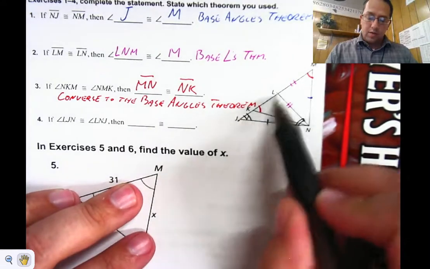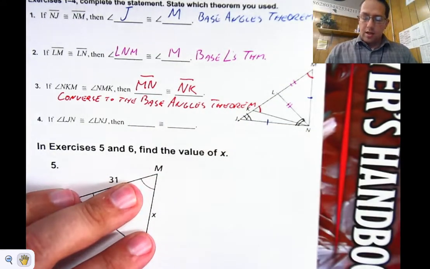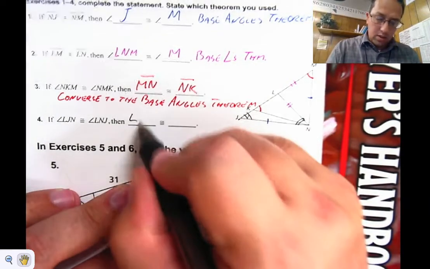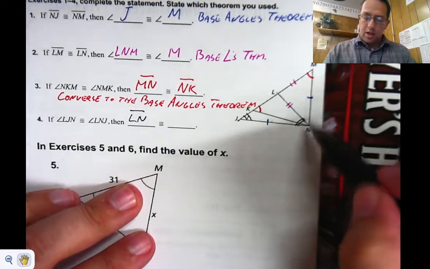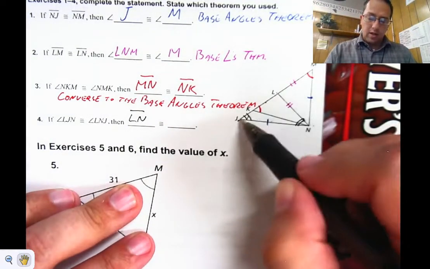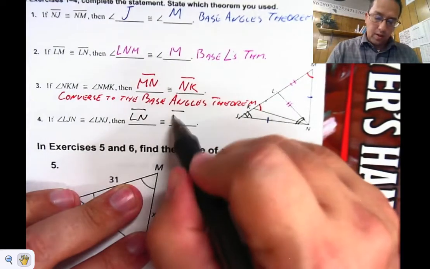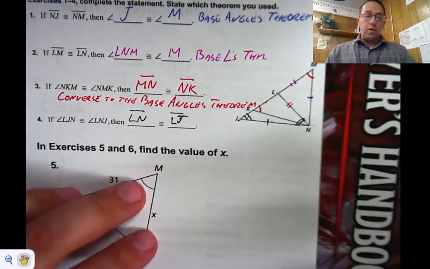So opposite angle LJN is going to be side LN. So segment LN is congruent to, let's see, opposite angle LNJ is going to be over here. That's going to be side LJ. Side LJ. How do we know this? What theorem did we use?